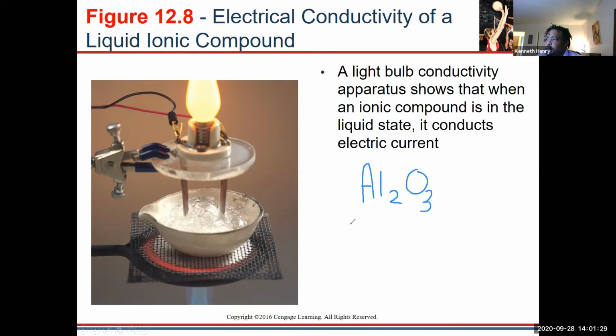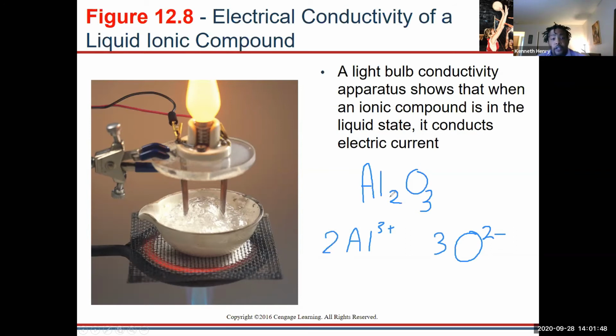Aluminum oxide. So aluminum is Al3 plus, and the oxides are going to be 2 minuses. And so you're going to need 2 aluminums and 3 oxides to balance each other out. And that's what I'm basically saying here.